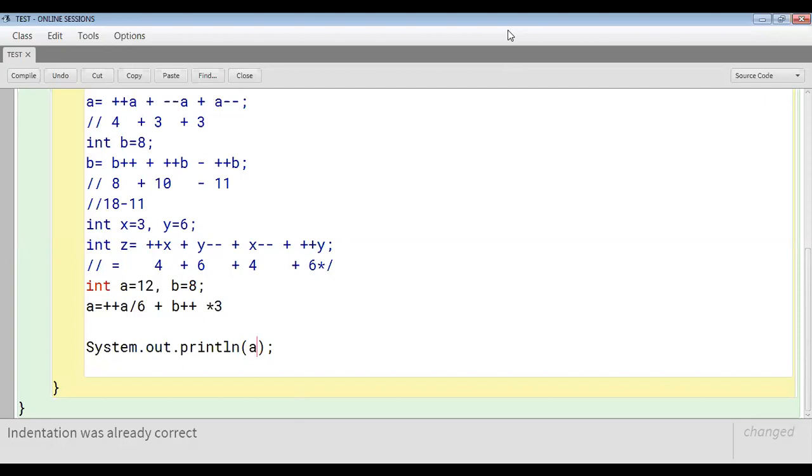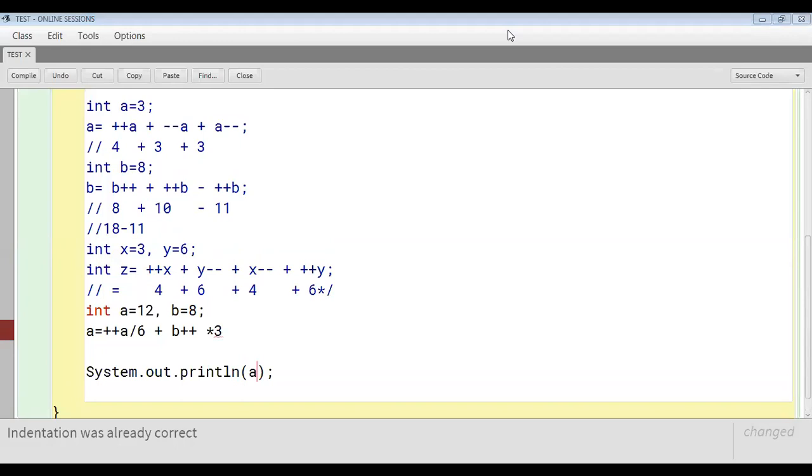Okay, so do you think you'll get the answer in fraction? Okay, okay. Chalo. So let's solve it and then find out what's the answer.